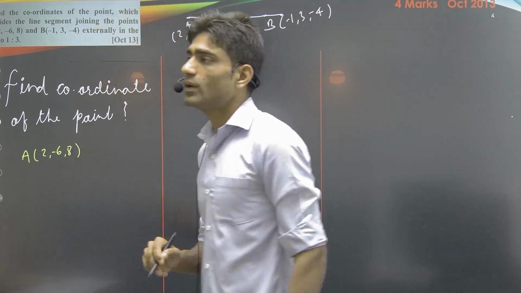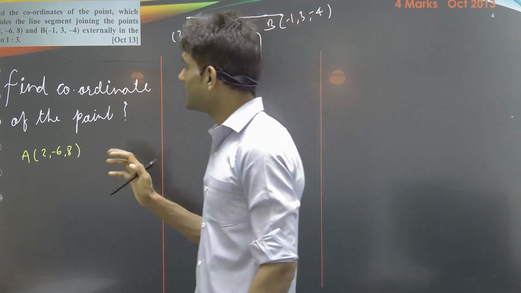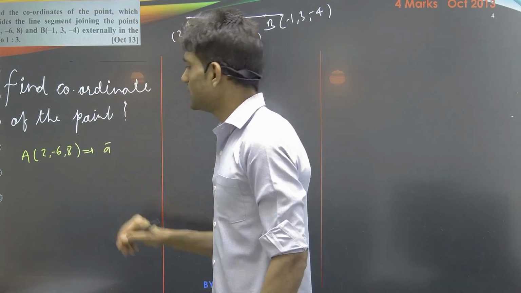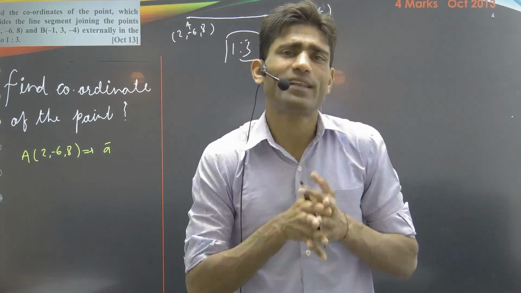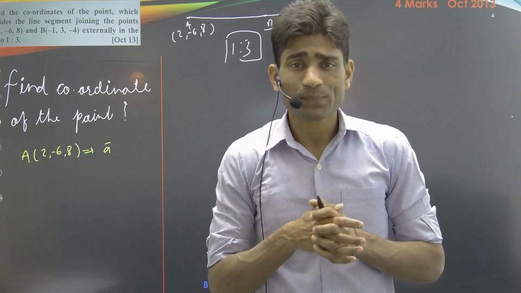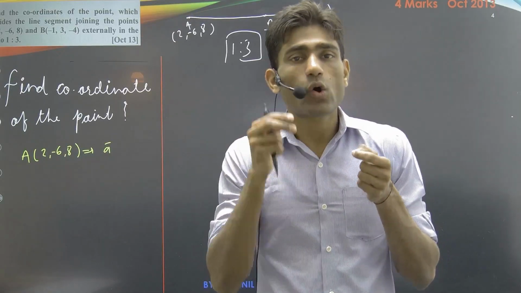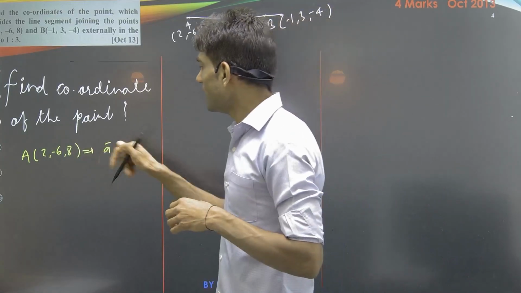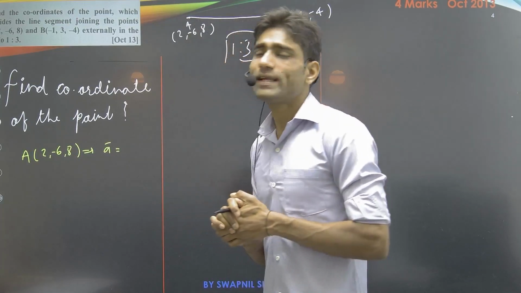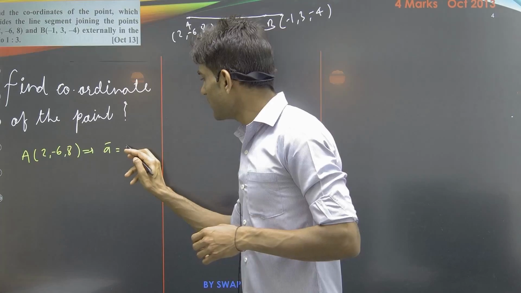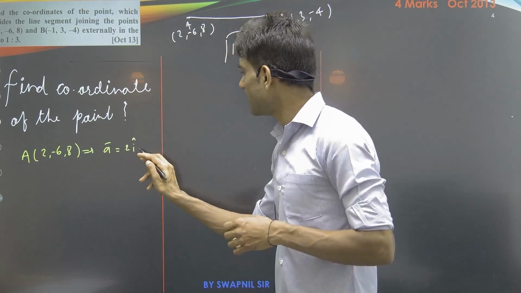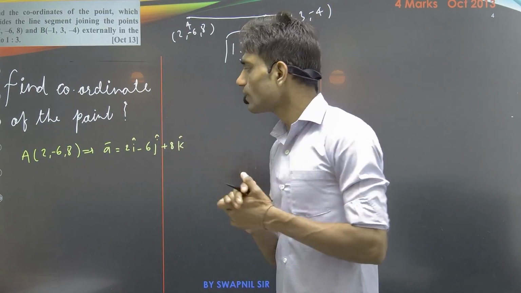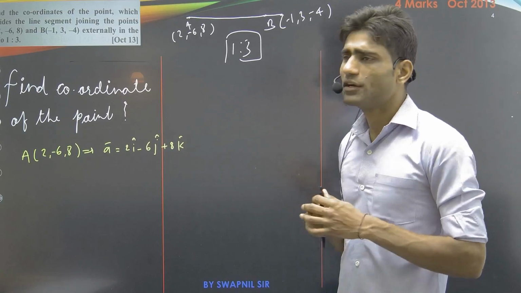If you consider any vertex in the xyz plane, there always exists a position vector for that vertex. So for vertex A, there exists a position vector A bar, which can be written as 2 times i cap minus 6 times j cap plus 8 times k cap. So I introduce i cap, j cap, k cap in the position vector A bar.